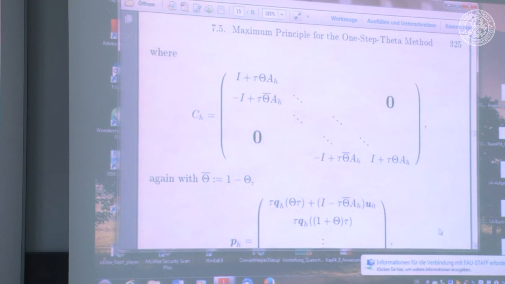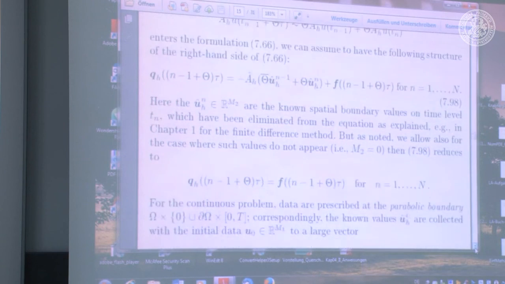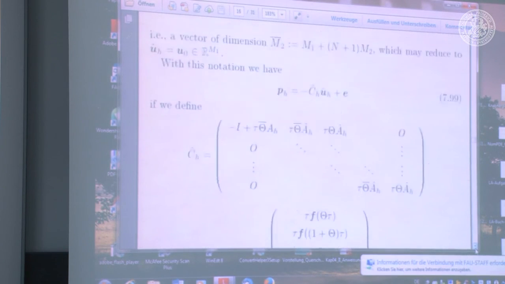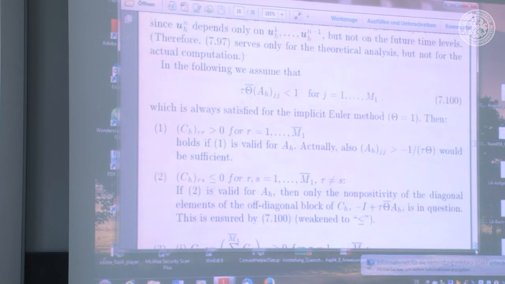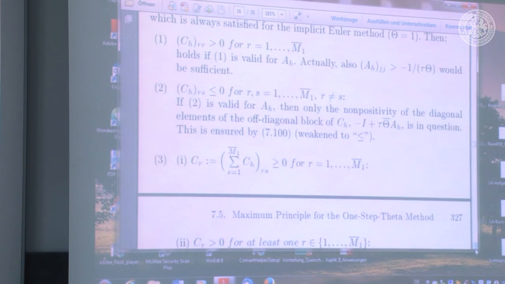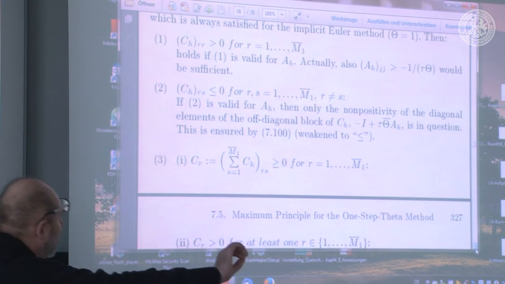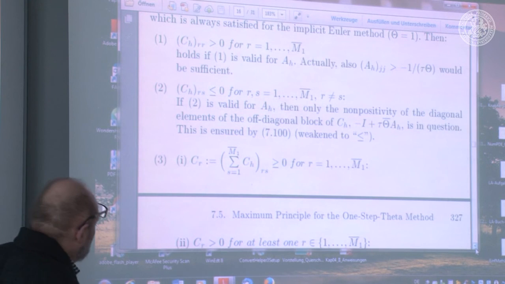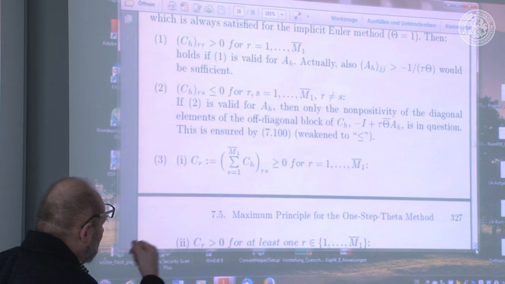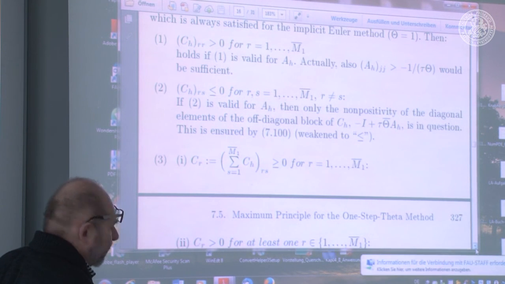Now we have this thing with the summation, and this is something we can still discuss today, and then we will continue on Friday. The summation, so this part we have, this part we have. So now we have to look at the summation. We pick a row in this big matrix and we just sum all the entries of this matrix. We would like to have that it's not negative, and we would like to have at least one of the sums, which are here abbreviated by CR, positive.